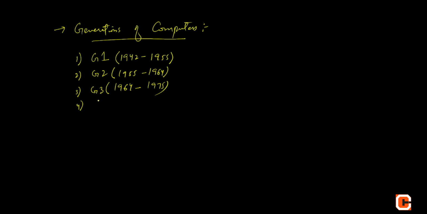Fourth generation computers started in 1975 to 1989, and fifth generation computers from 1989 till present. So are we in generation 5, or are we in generation 4? We will make it clear as we move on in this lecture.